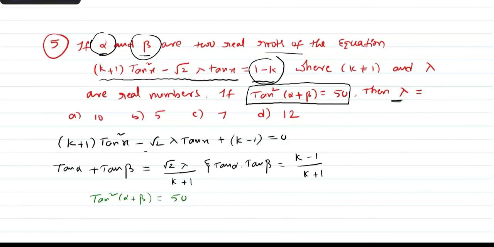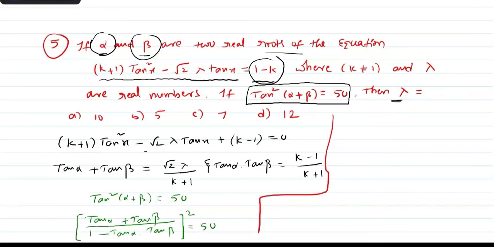I think you know very well tan of a plus b formula. That formula is tan a plus tan b by 1 minus tan a into tan b, we have whole square there, is equals to 50. Okay, substitute here.